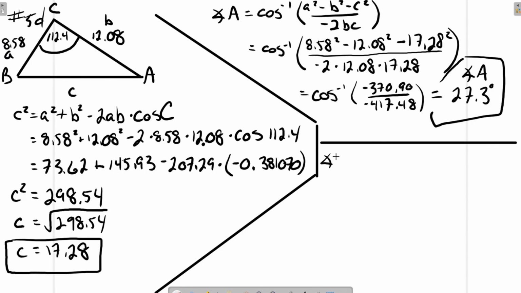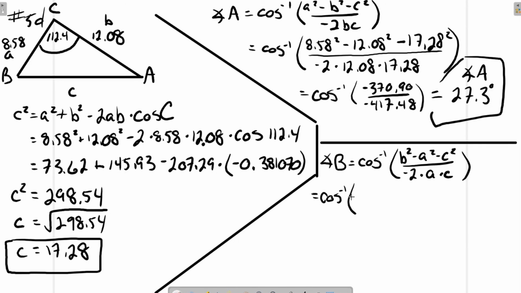What angle are we missing? We're missing angle B. So the last calculation is the arc cos of b squared minus a squared minus c squared divided by negative 2 times a times c, which is equal to the arc cos of, substituting in the numbers, 12.08 squared minus 8.58 squared minus 17.28 squared.